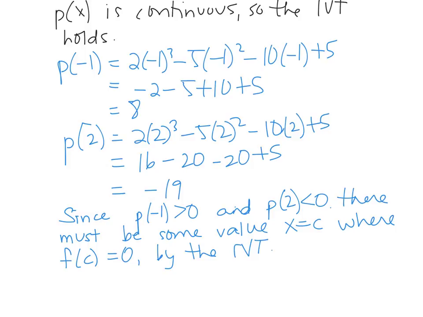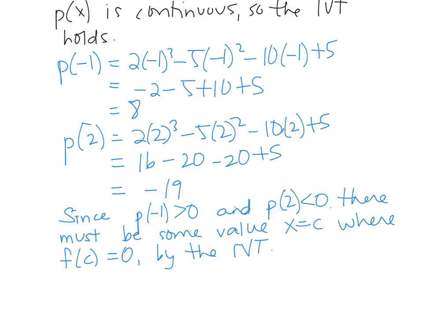That is a perfect mathematically phrased sentence, where I'm saying since one value is positive and the other is negative, there has to be a value, and I give it a name, c. There has to be some place c in between them where f of c equals 0.